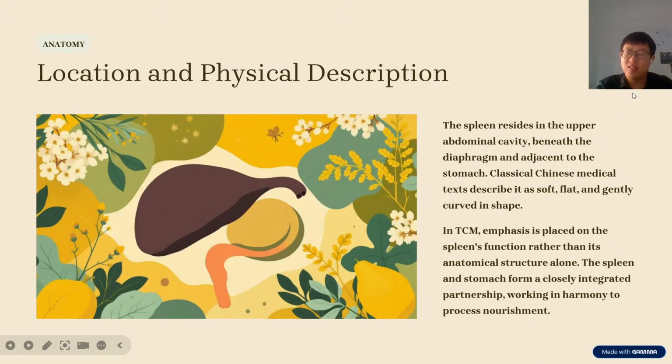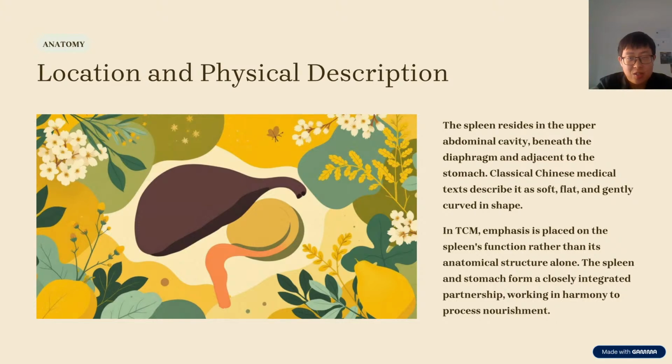First, I would like to talk about the location and the physical description of the spleen. The spleen is located in the upper abdominal cavity beneath the diaphragm and adjacent to the stomach. The spleen has a close anatomical and functional relationship with the stomach.